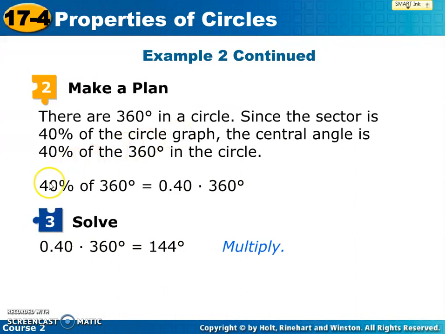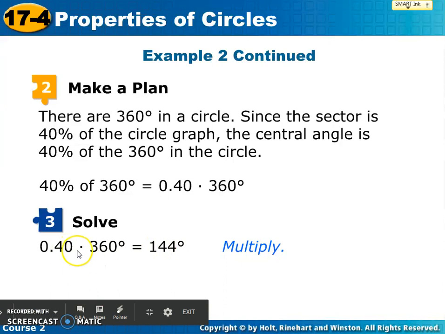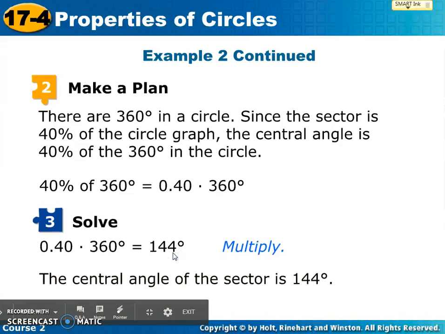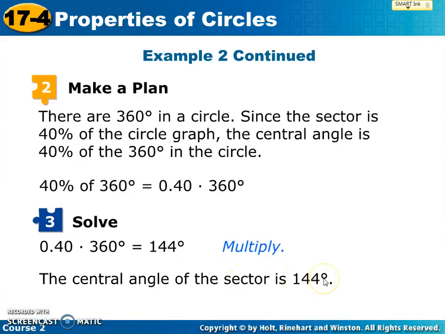In our calculators, we're going to take 0.40, that's 40%, times 360. When you do that, you're going to get 144 degrees. And that central angle of the sector is 144 degrees.